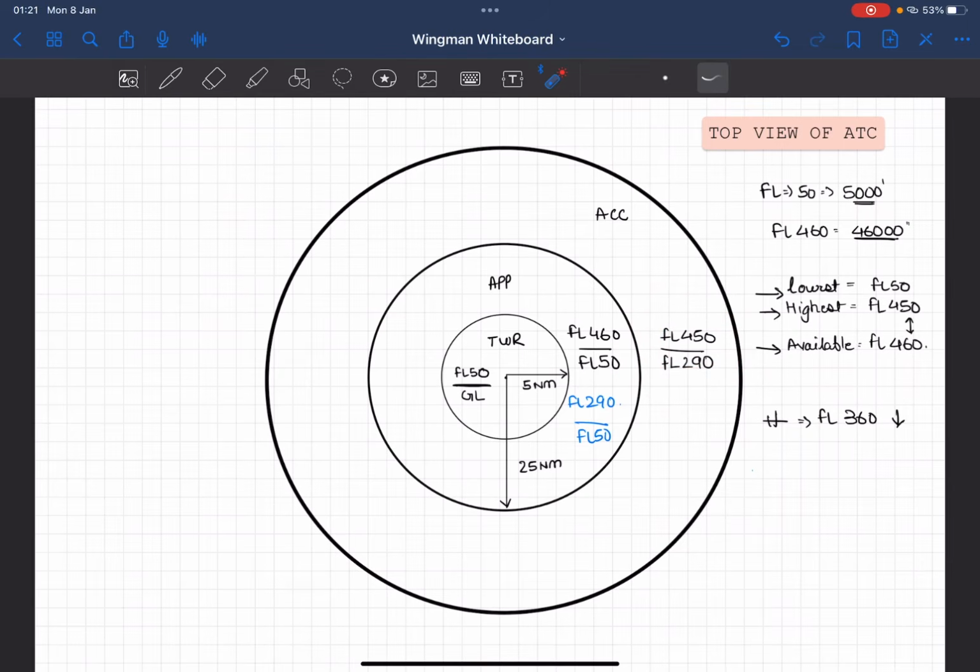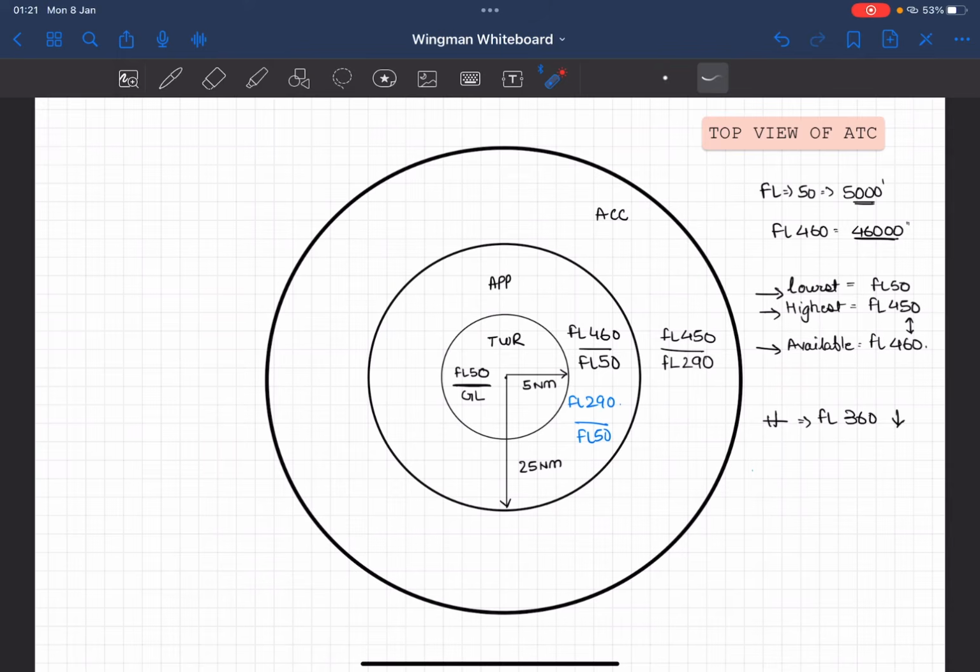For this one flight, they might tell him to contact the approach, and approach will guide you all the way till flight level 50. But under normal circumstances, you will have to automatically assume that the lower limit of area is the upper limit of approach.